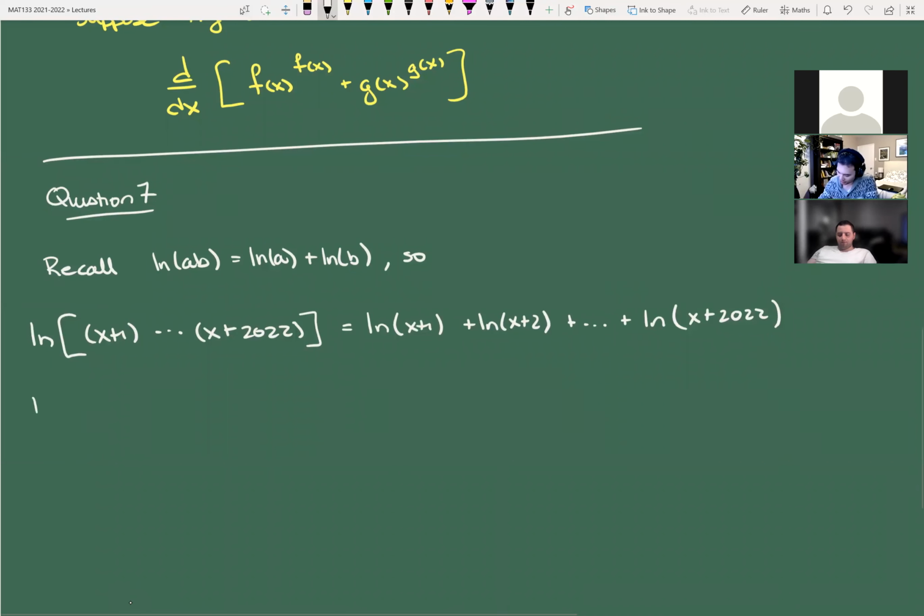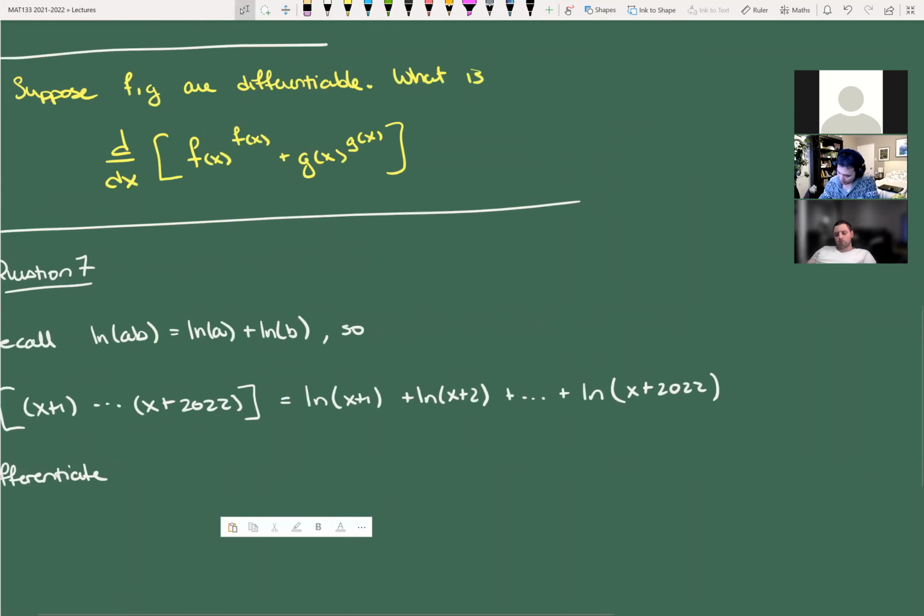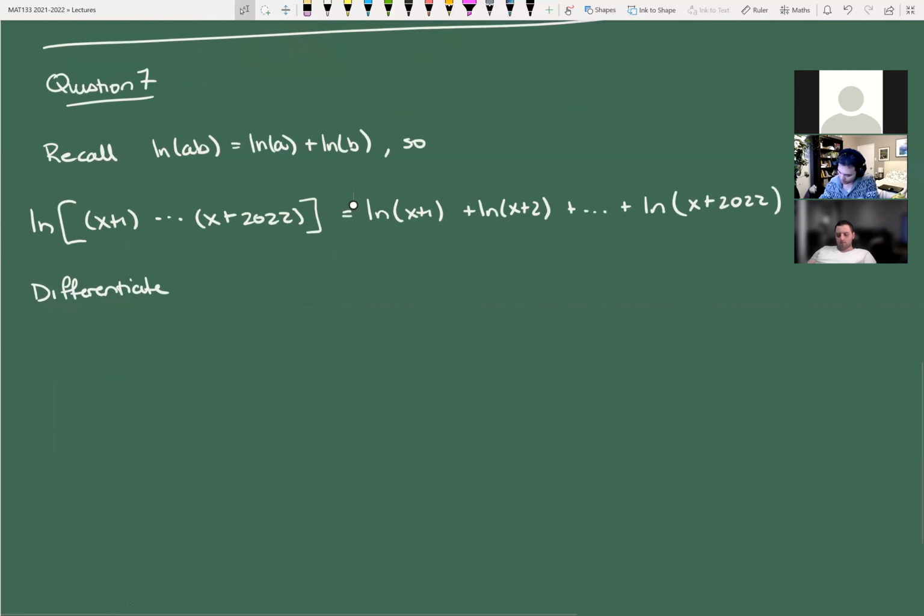So now differentiating. For some reason, it's not ignoring my palm anymore. So if we differentiate, that's the same thing as differentiating the sum, and when you take the derivative of a sum, you just take the derivative of each of the pieces, right?